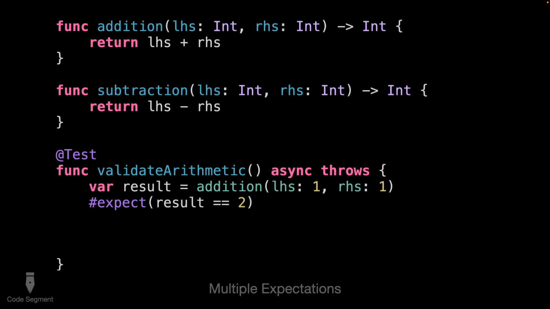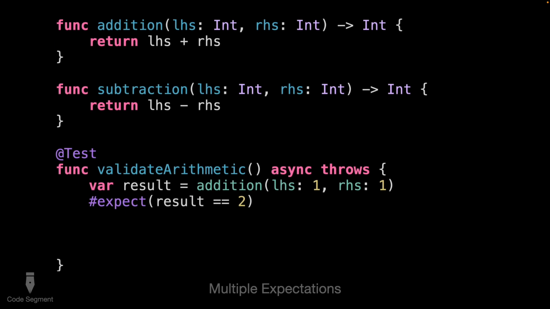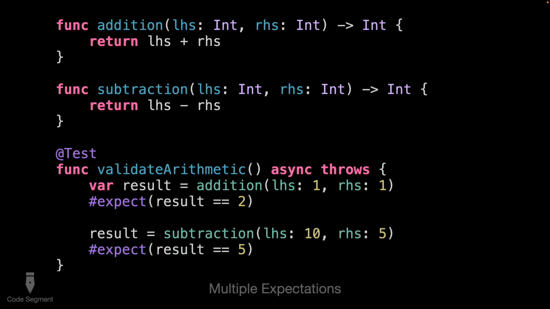Okay? So, for example, here, we could, if we wanted to, add another expectation where we're testing the subtraction function, right? And we're making sure that 10 minus 5 does in fact equal 5 according to our function. What the subtraction function is actually doing up here is less important.